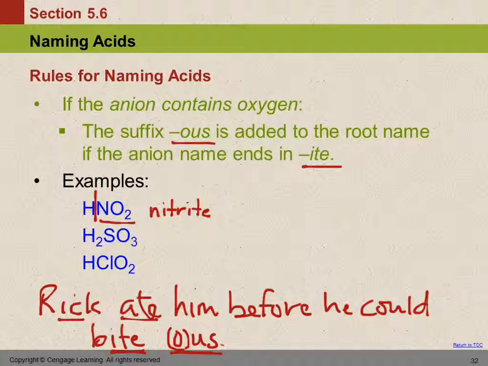Nitrite is the light version, it's got O2. So we switch out ite for us, and this becomes nitrous acid. Nitric acid is HNO3. Nitrous acid is HNO2.